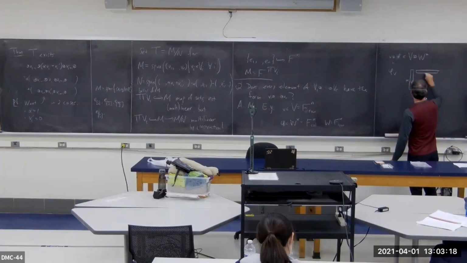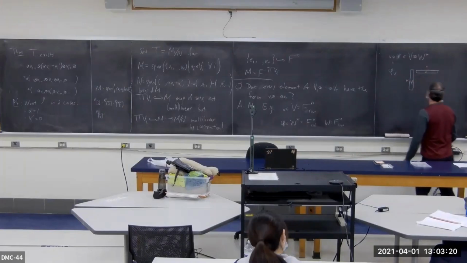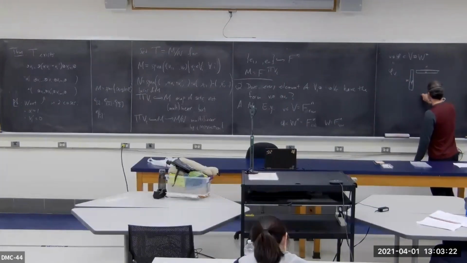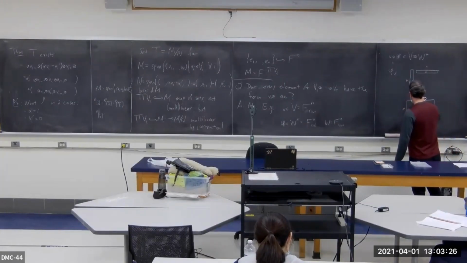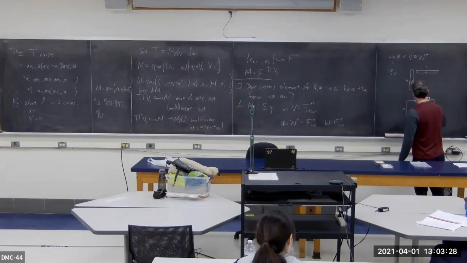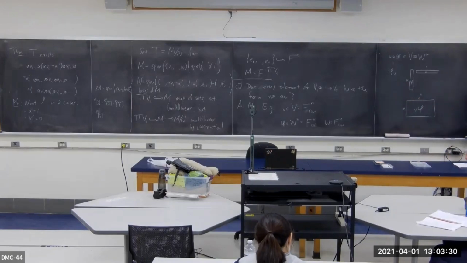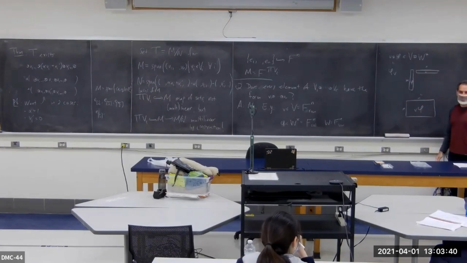So that's going to be phi, that's going to be V. And the product of these things is going to be an m by n matrix. And this is going to be V phi. So what we're doing is taking the entries of phi and multiplying them by the entries of V in the freest possible way.